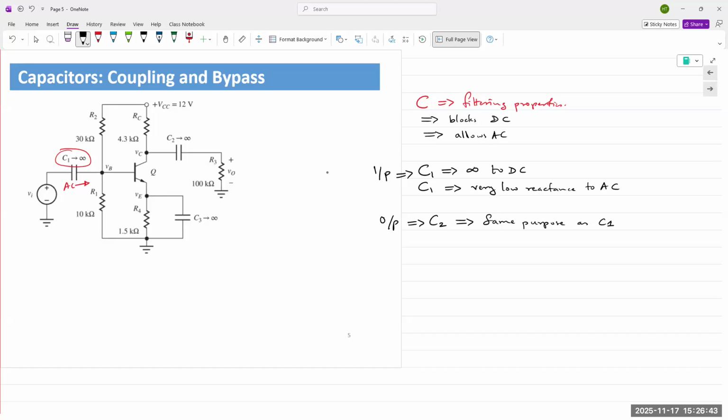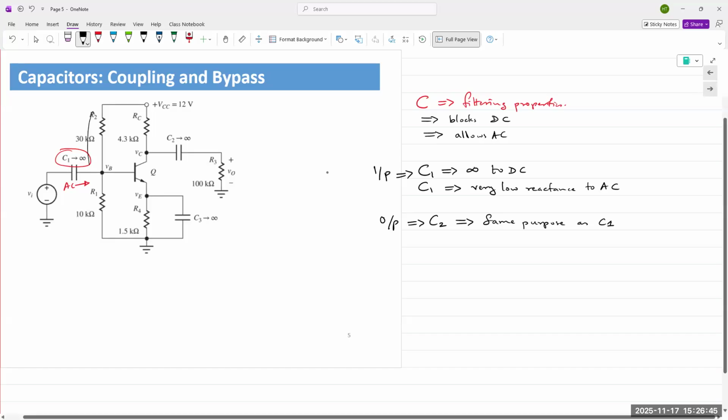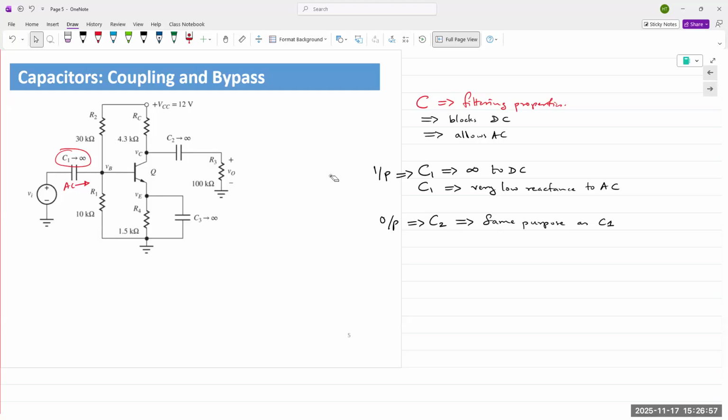So what it's doing is, well, what is the purpose of these two resistors? It's a biasing, right? It's a voltage divider network, creates a bias. Bias means it's fixing our DC operating point in the middle of the active region, or in the middle of wherever we want it to function.